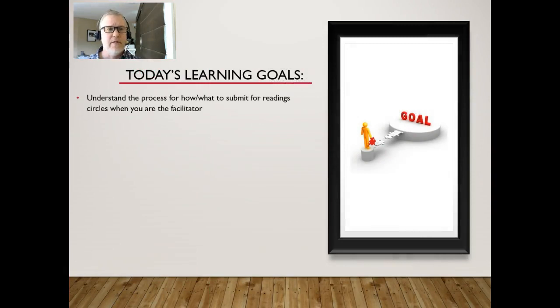So today's learning goals are to understand the process for how and what to submit for reading circles when you are the facilitator. Again, those reading circles are going to start in session 3. So not this session, but you need to meet with your reading circle group. Next Monday would be the first one.